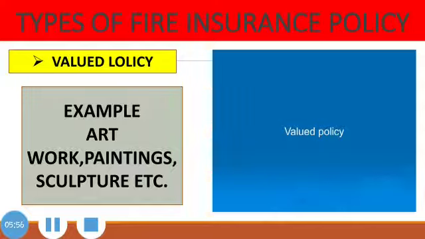Valued policy is taken for those goods whose value becomes difficult to calculate in case of loss by fire. For example, policy can be taken for artwork, paintings, sculpture, etc., which is difficult to calculate.